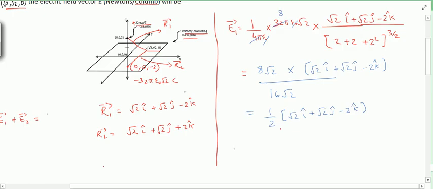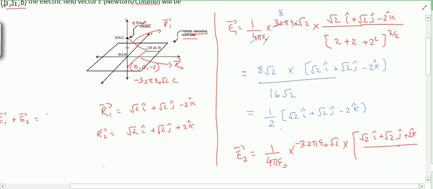Right, now we can find E2 due to the negative image charge. It will be similar to that, just with a negative sign, and the position vector is changed. Minus 32 pi epsilon naught root 2 into the position vector, which is root 2 i cap plus root 2 j cap, and instead of minus it will be plus 2 k cap, and the magnitude will again be the same, 16 root 2.